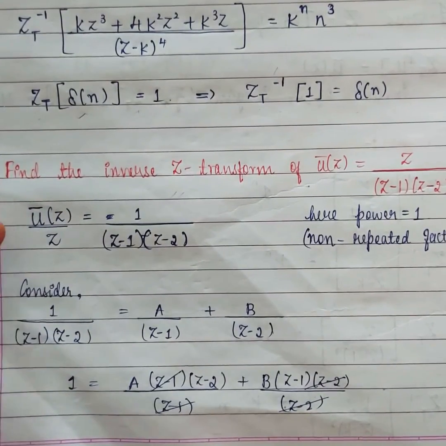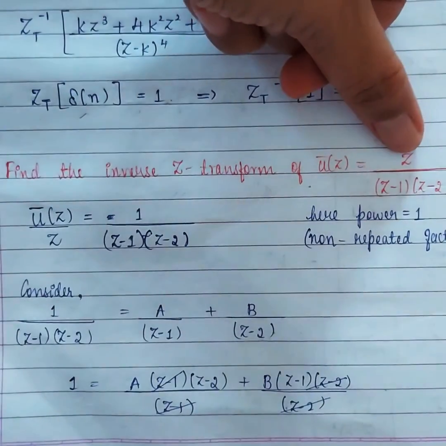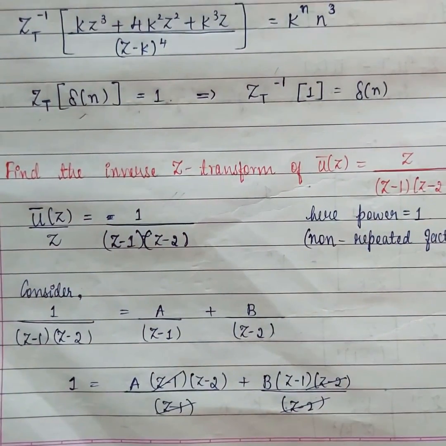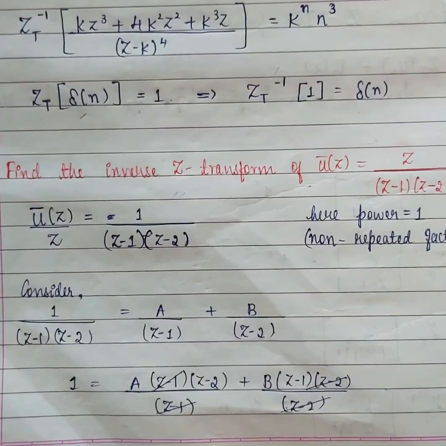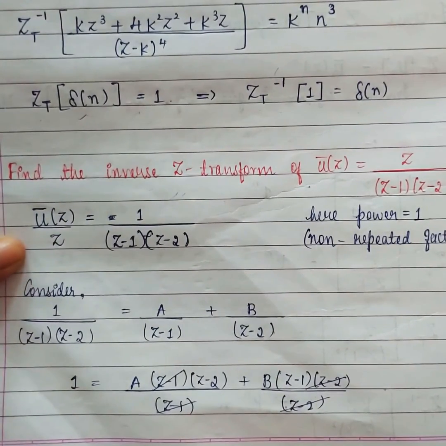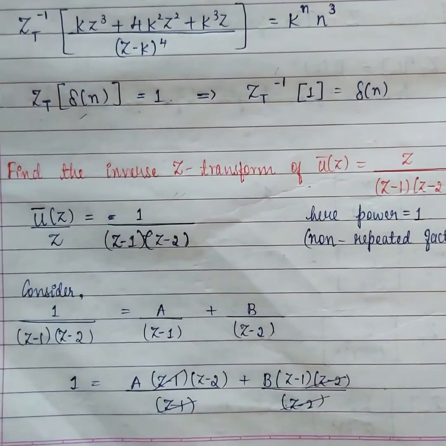On the left hand side we have U bar of Z, and always try to preserve this Z in your problem, because in any Z transform formula Z will be there in the numerator. Correct? So I am just pushing this Z down to the other side, that is U bar of Z by Z is equal to 1 by Z minus 1 into Z minus 2.